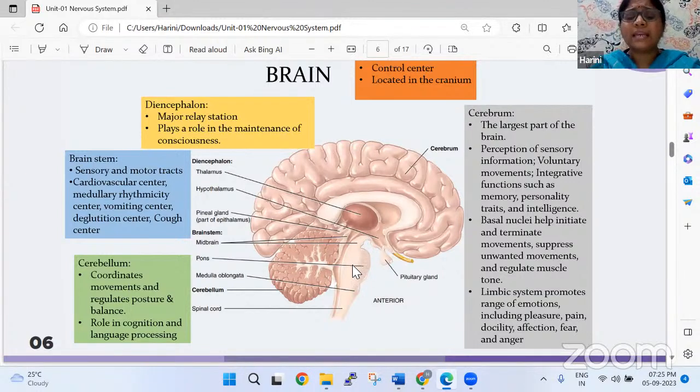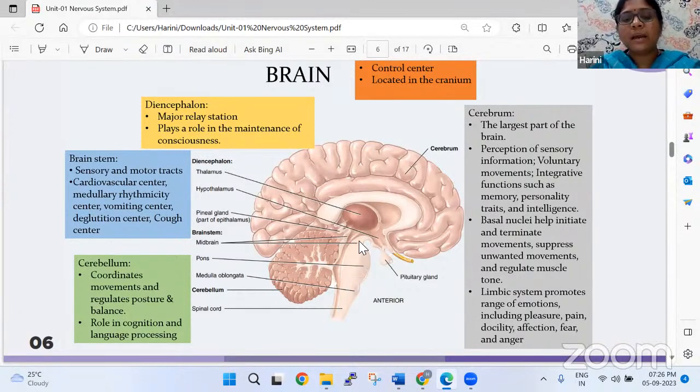It consists of various nuclei, that is, groups of neurons, and acts as a relay station. That means it carries information from the medulla towards the cerebrum, because the cerebrum is the main integration center. So here the pons acts as the main relay center.